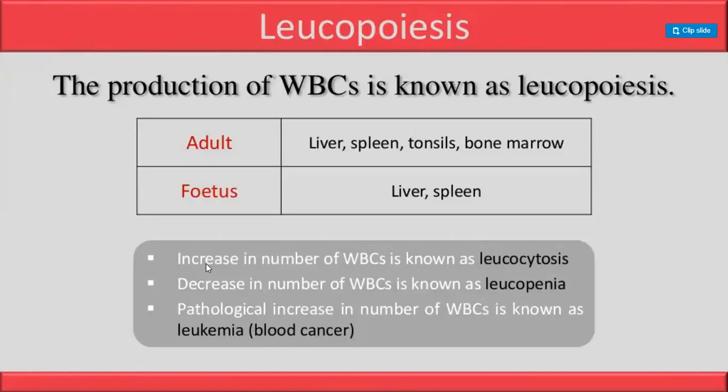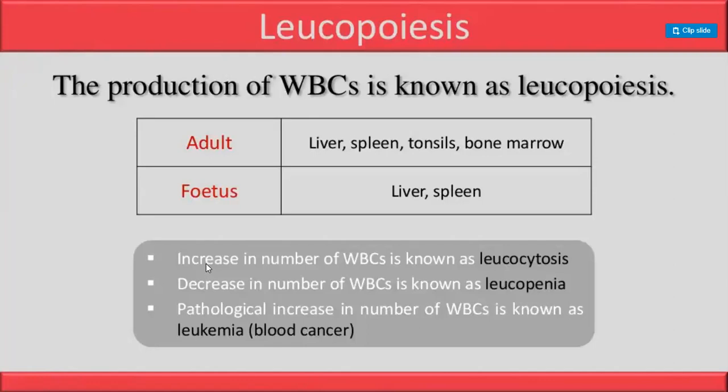So when you find blasts in huge amounts in the blood, then you know that in leukemia, you don't only find an excessive number of white blood cells, you will also find leucoblasts, which are not supposed to be found. And so when you find that, you know that there is leukemia or blood cancer. But we will discuss all of that later.